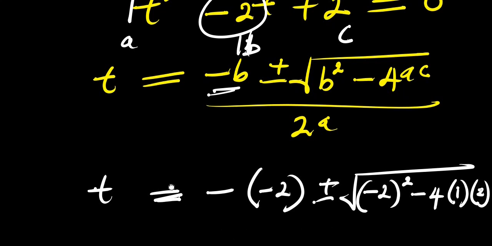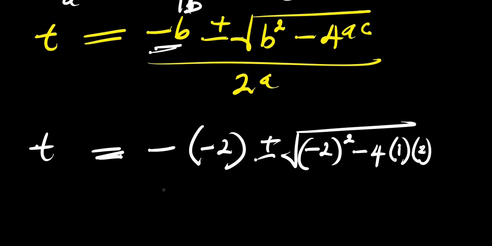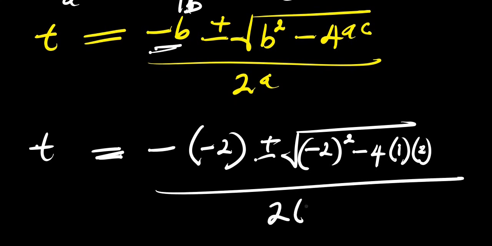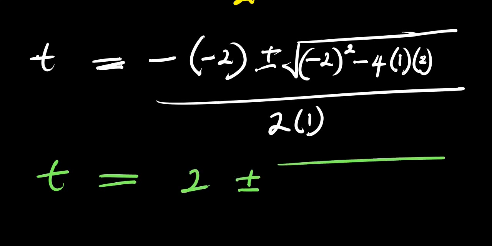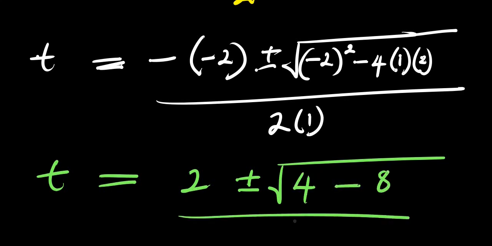And everything right here is divided by 2 times 1. So from here we are going to have t equals, this is 2 plus or minus square root of, this is 4 minus 8, divided by 2.